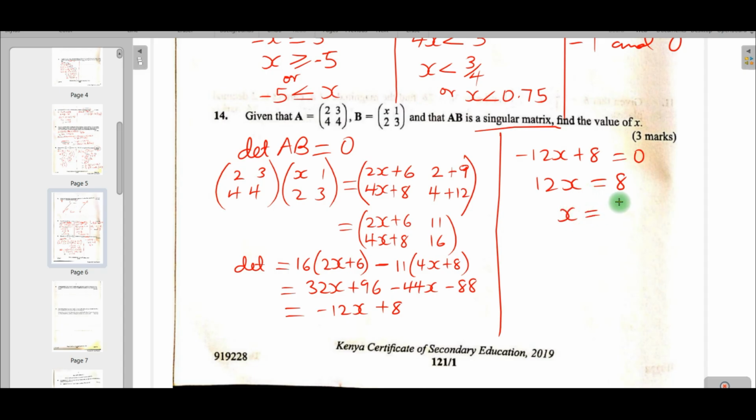So x is equal to 8 divided by 12. If you simplify it, by 4, 3, by 4, 2, so x is equal to 2 over 3. We move on to the next question.